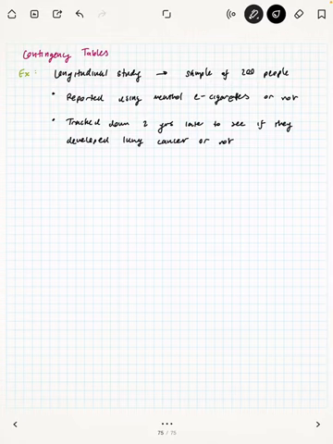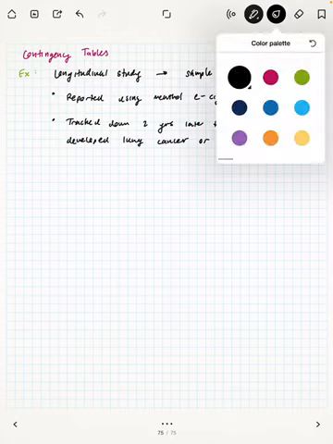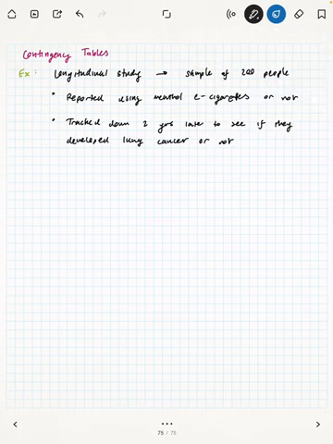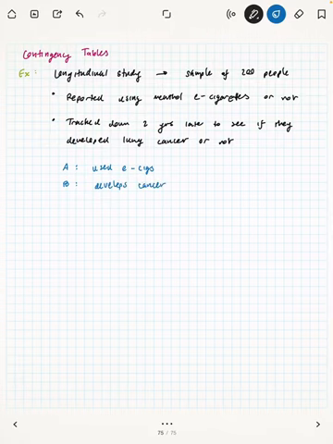So for the ease of calculation, we're going to denote these two events that we're interested in, the use of the e-cigarettes and the developing of cancer, using A, which is used e-cigs, and B being the event in which the randomly selected person developed cancer of the lungs.